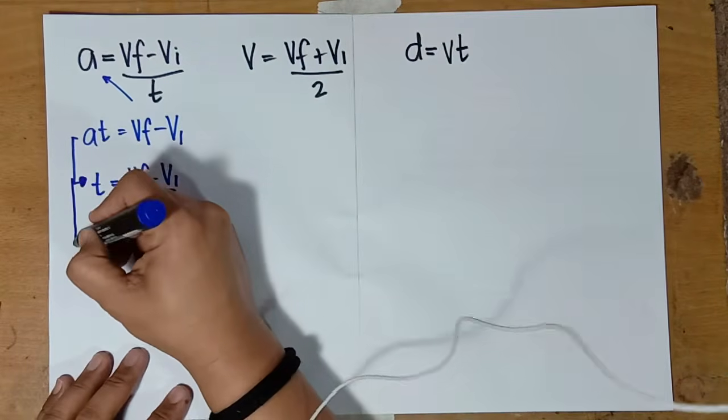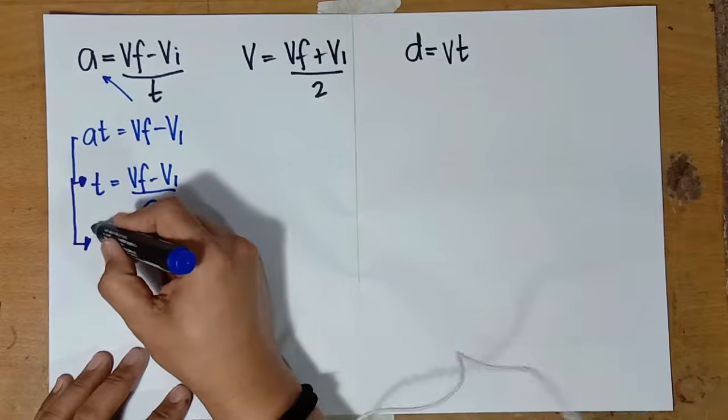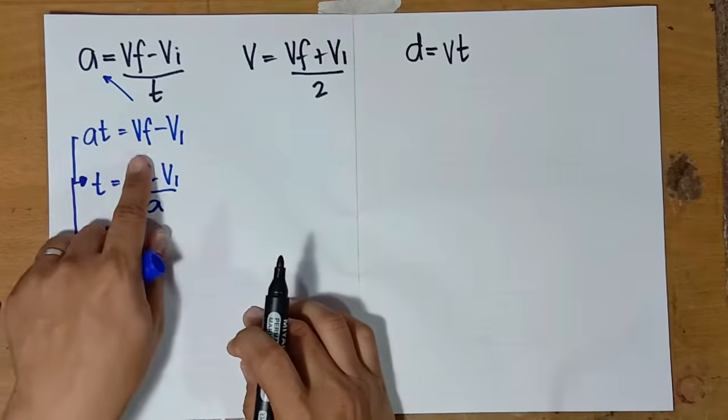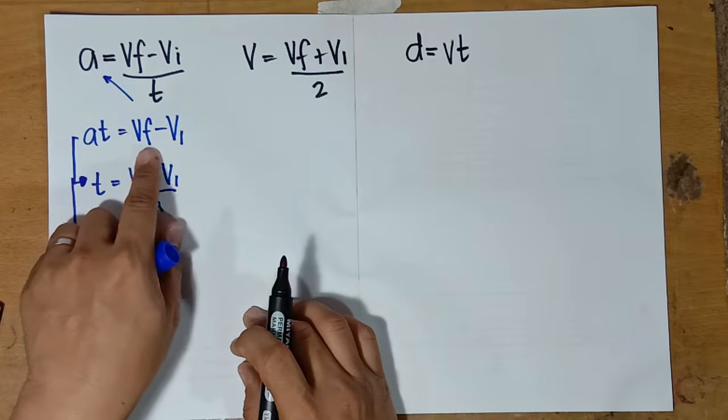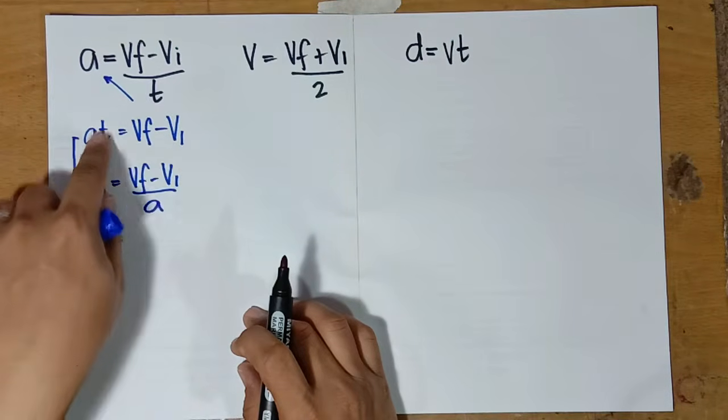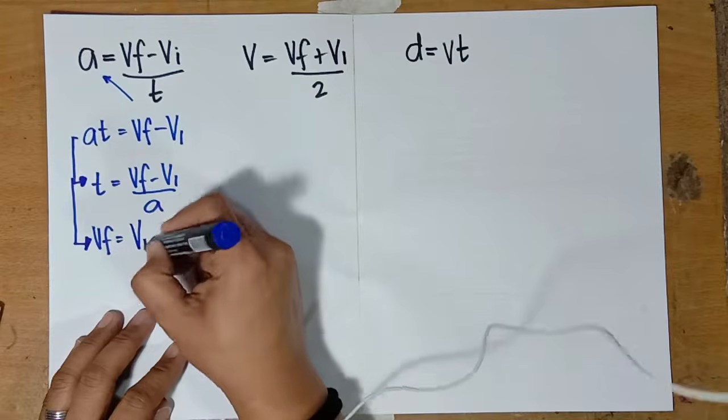And then, if you want to solve for the final velocity, we only need the Vf, so the Vi will be transposed to the other side, and that will give us Vi plus at.